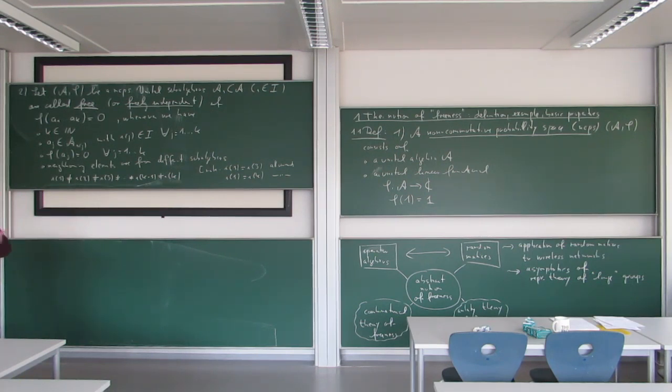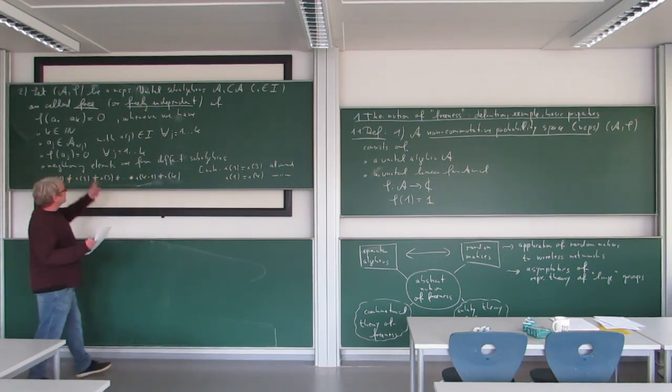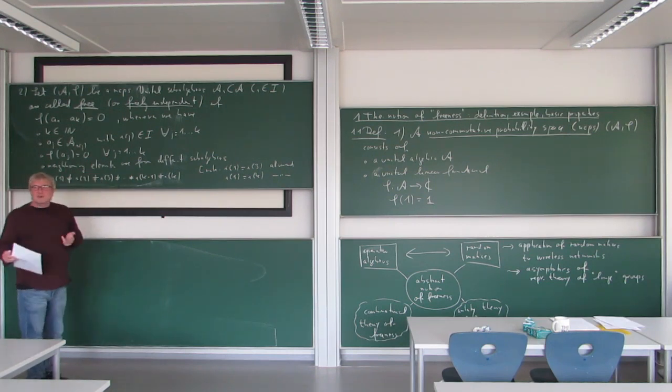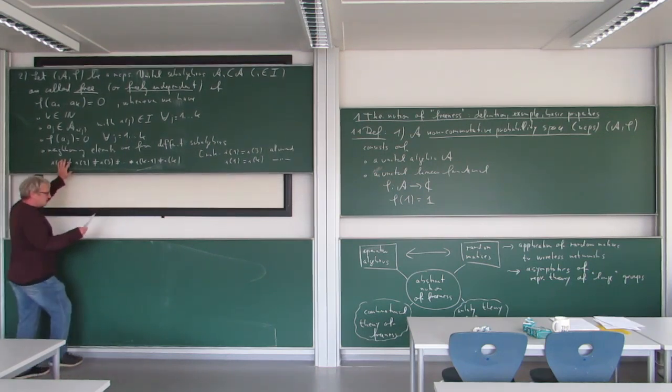So in the context of group algebras, this notion of freeness has a very clear algebraic meaning. And then we will see that this is just a translation of this into the group algebras with respect to canonical linear functionals.